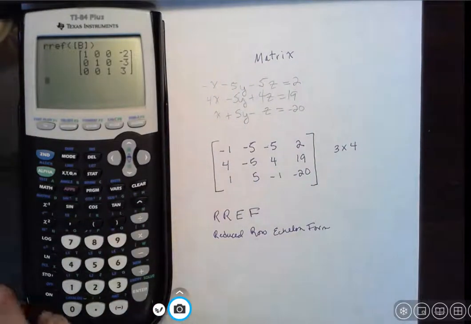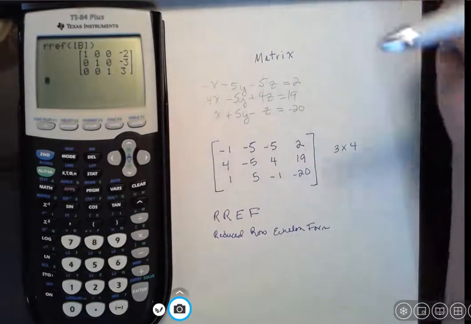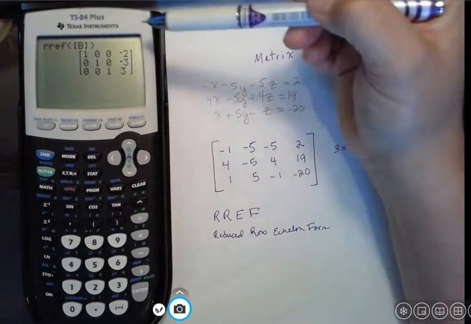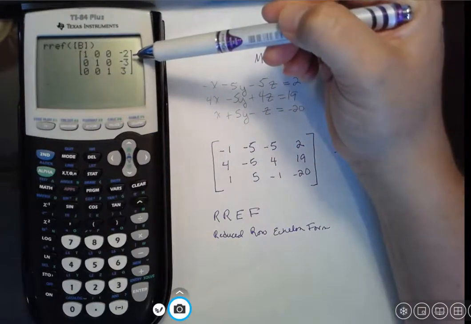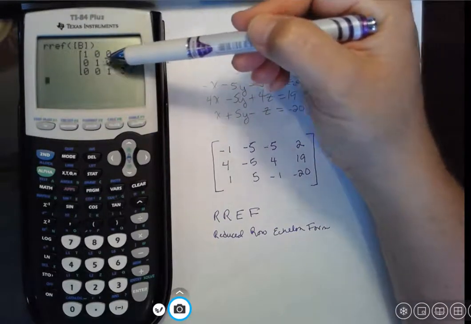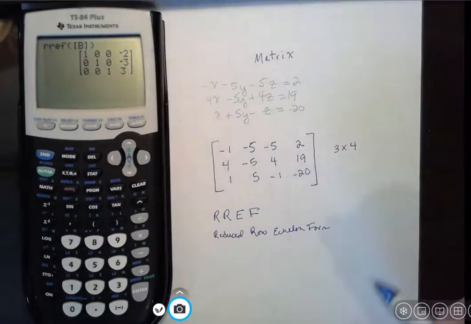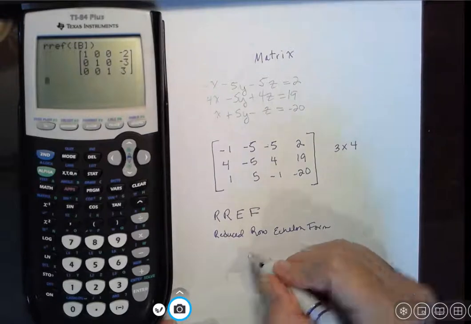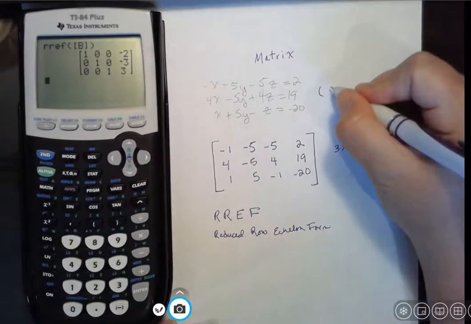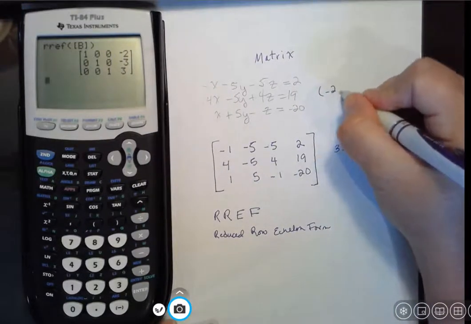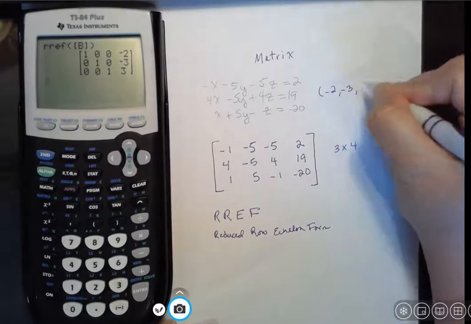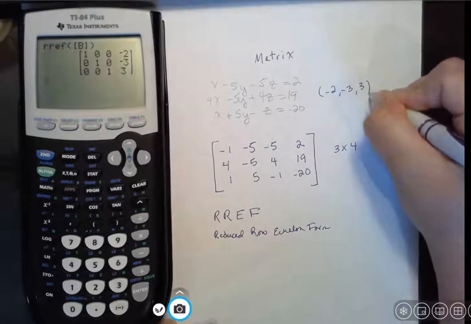And there you go. What's cool about this is it's saying, hey, x equals -2, y equals -3, and z equals 3. So that's what our answer is: -2, -3, and 3.